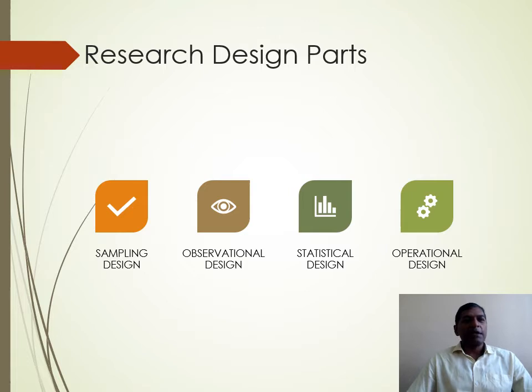So in sampling design, as I said, if we have a large amount of data, then we will be defining which part of that data will be used. And the similar types of parts that exist in the database or data set will be known as data samples.